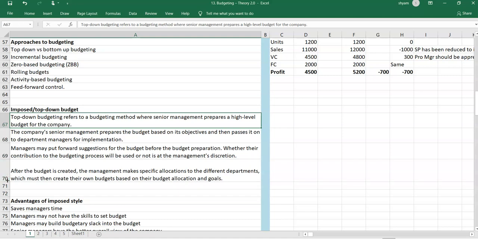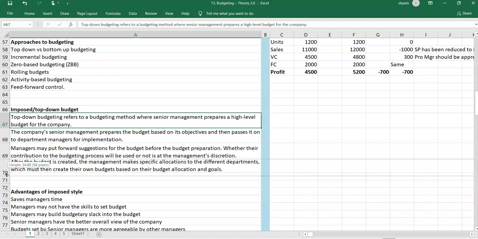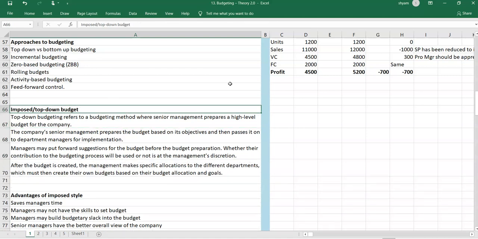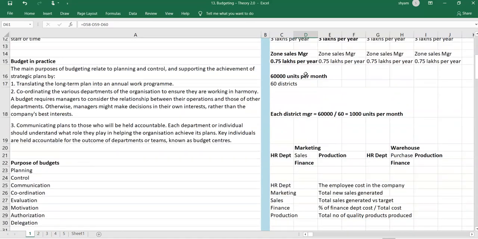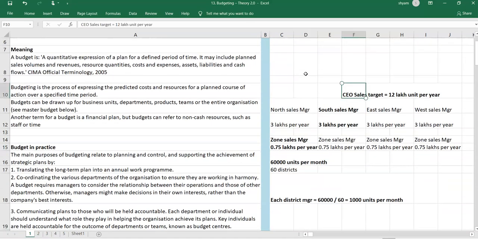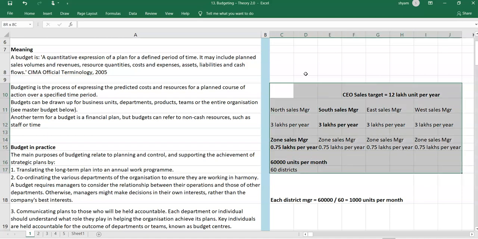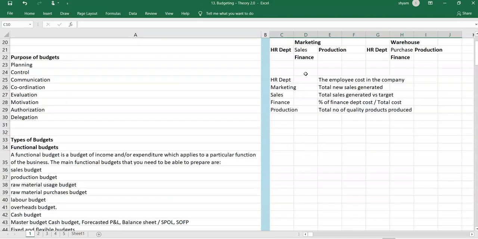So, how does this work? In imposed budget, it works very similar to what we have discussed here. Okay, in this kind of a model, I think we'll copy the model so that it would be quite easy for us to discuss.